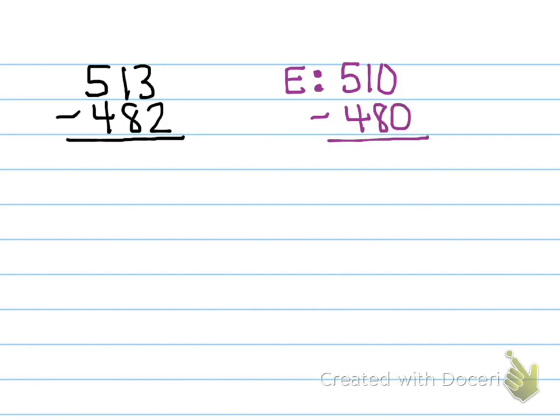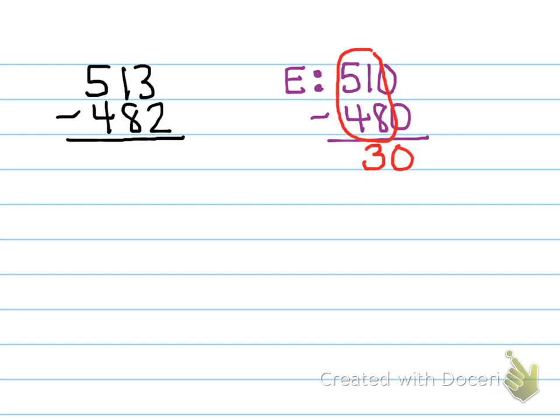When I look at that, I am going to combine place value, even in the estimate. I'm going to say, okay, what is the difference between 51 and 48? Think of your number line or your hundreds chart. You got it. It's 3. And then I know 0 minus 0, of course. So my estimate is going to be 30.